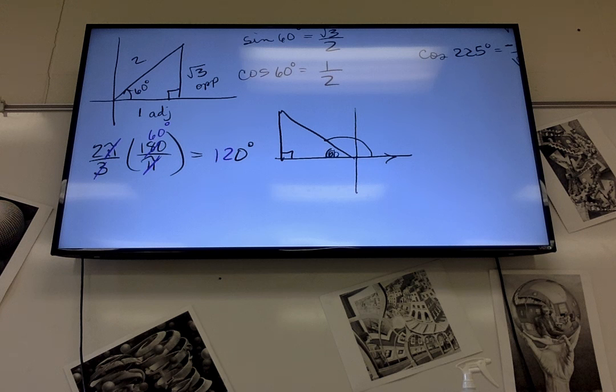Those two angles got to add to equal 180. So that's how we knew it was 60. So across from the 60 is square root of 3. The adjacent side is -1. And the hypotenuse is 2. So I need the cosine and the sine of 2 pi over 3.